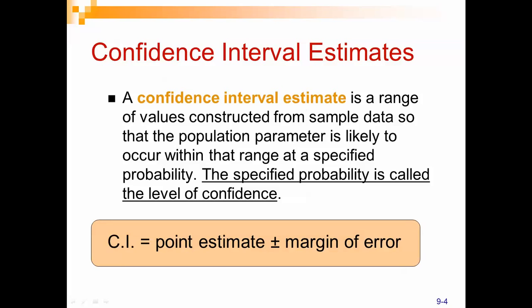We'll look at two different similar situations to compute a confidence interval. One, when we know the population standard deviation, and one when we don't. But first, we'll talk about the factors affecting the confidence interval estimates.